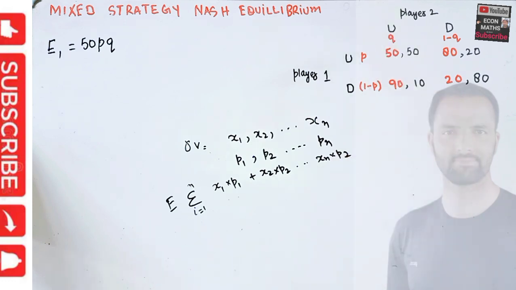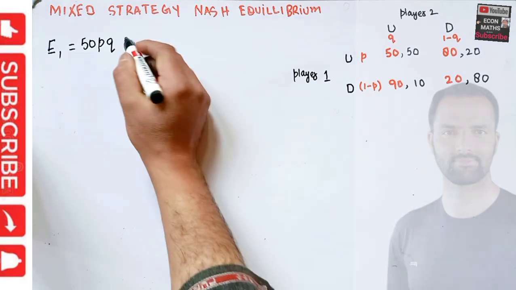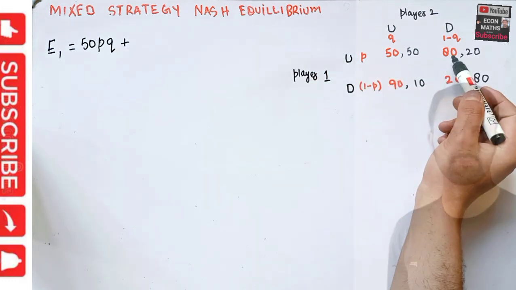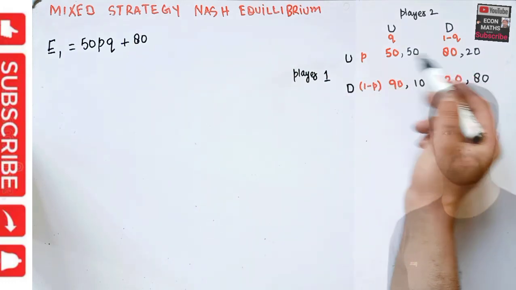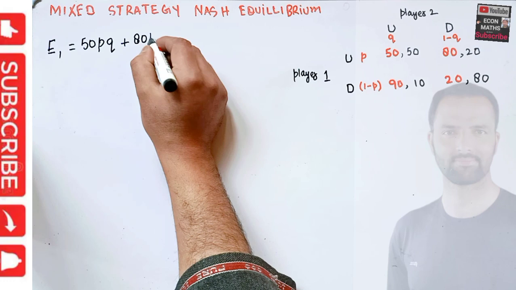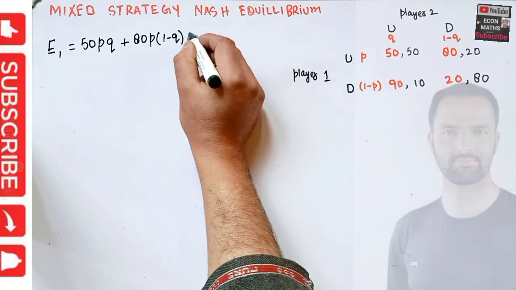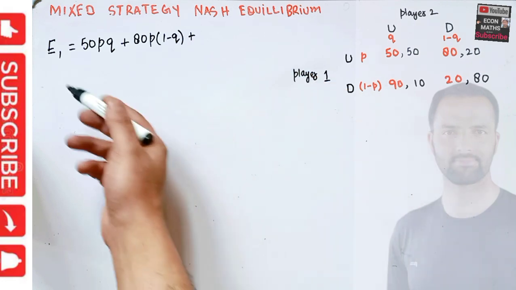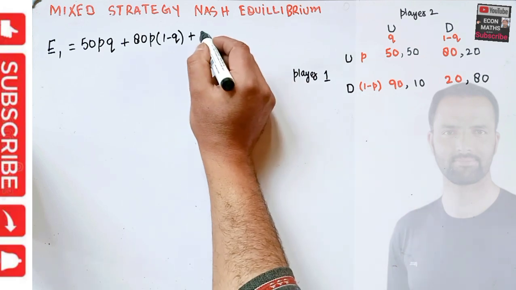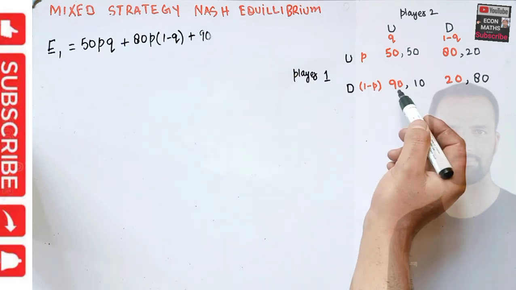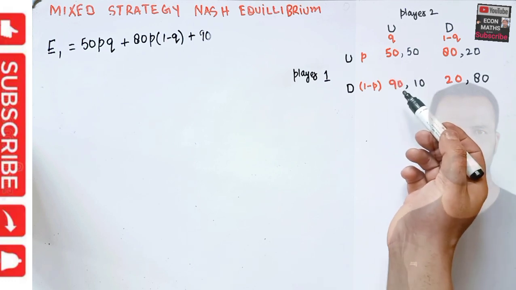Plus then we have 80 into p into 1 minus q. Plus we are actually taking the expected payoffs here. Then we have 90. The expected payoff will be the sum of these red numbers with the probability associated with them.